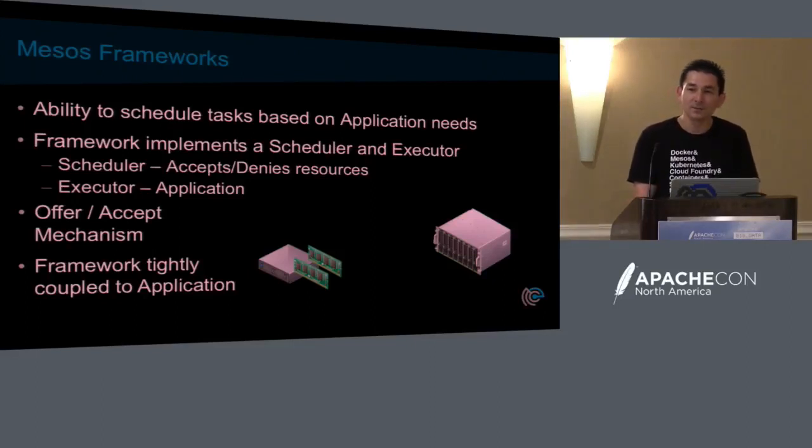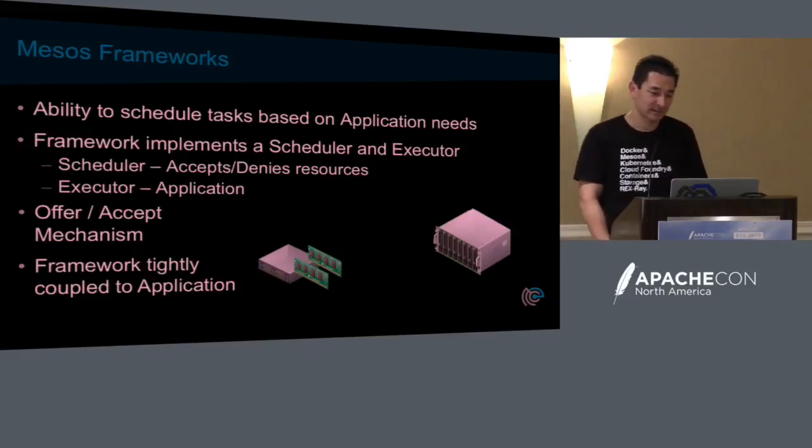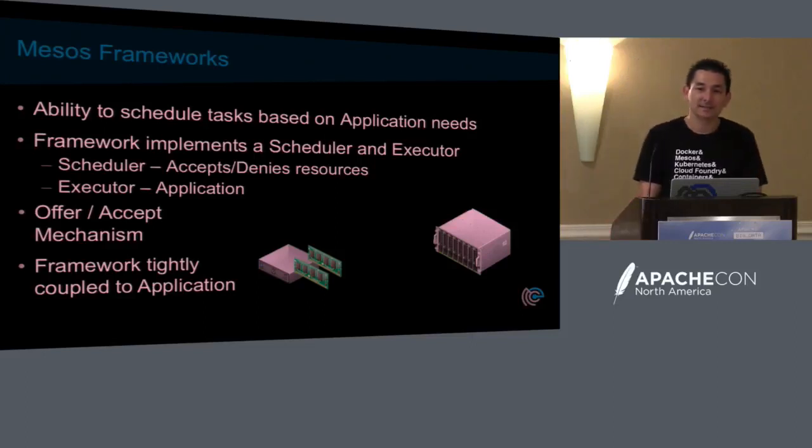Now, one cool feature that Mesos has is a thing called frameworks. What a framework does is it allows you to schedule a task based on your specific application's needs. How a framework is implemented is really in two pieces: a scheduling piece, and then the work piece. That scheduling piece is called the scheduler, ironically enough, right?